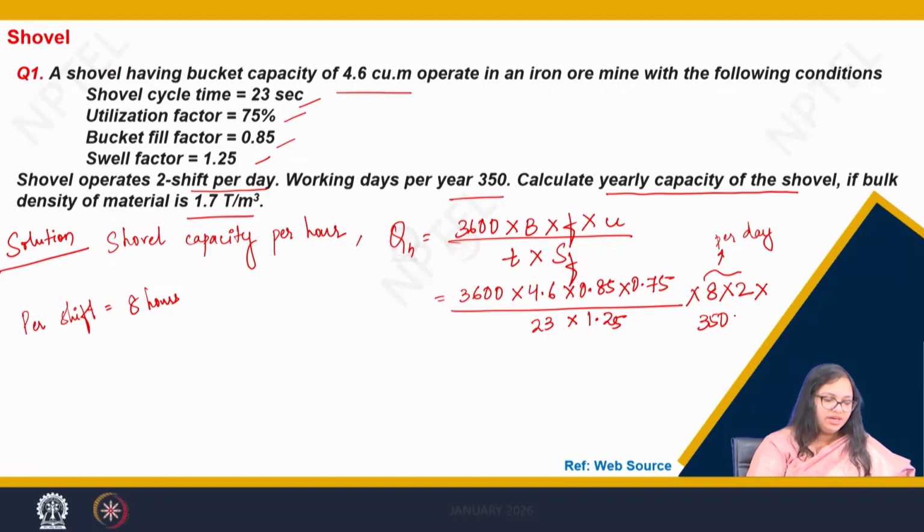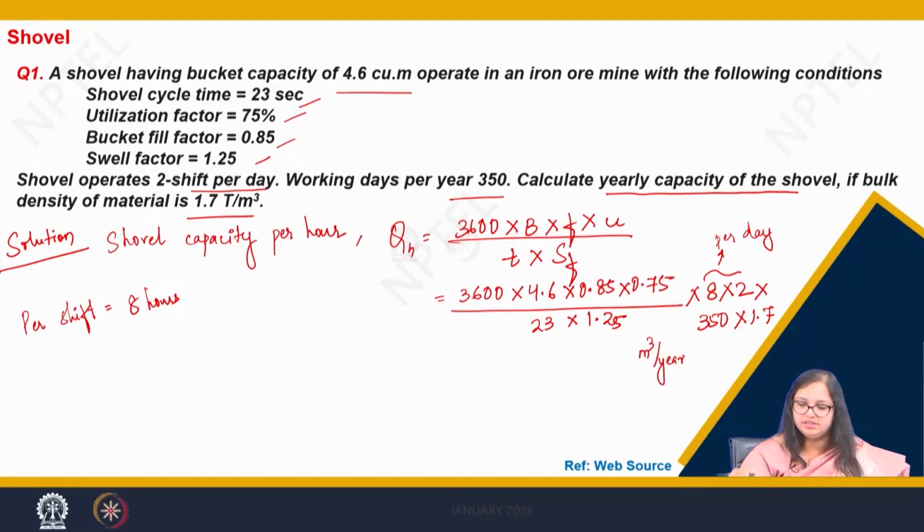Now the bulk density has been given as 1.7 ton per meter cube. So we multiply 1.7 here to find the answer. So here we are getting it as meter cube per year.